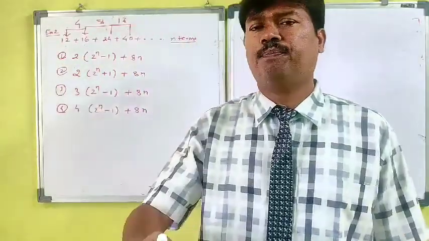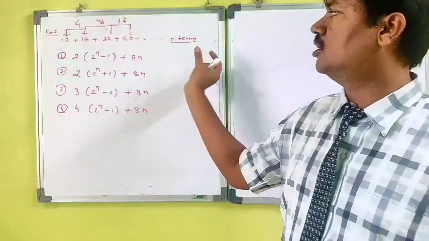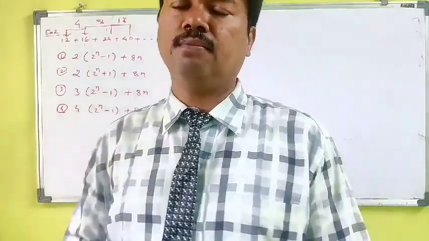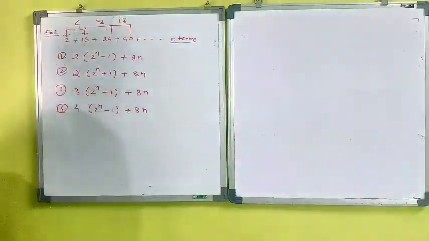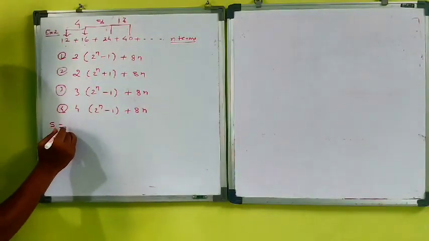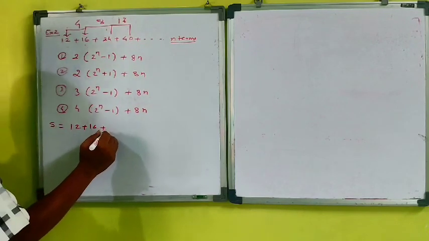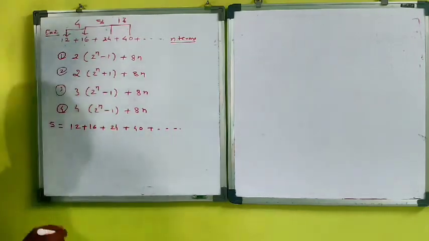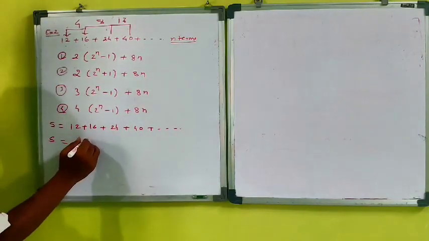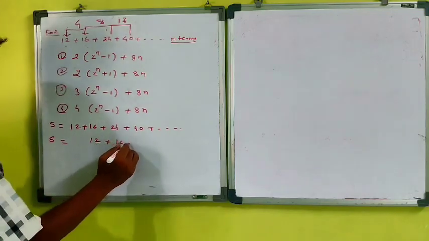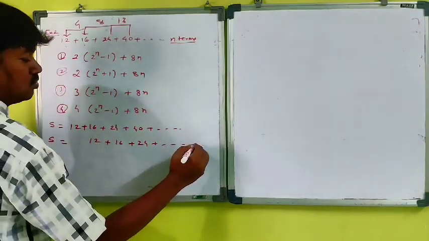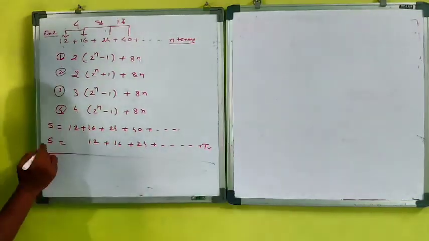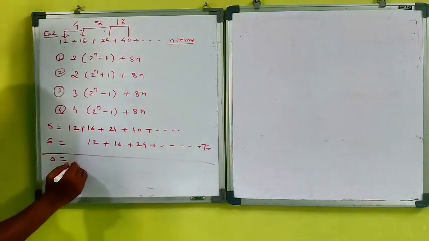So when this type of difference is there, which is in the form of AP or GP, we always subtract sum minus sum. We do the sum minus sum concept here. So S is equal to 12 plus 16 plus 24 plus 40, and then the S we write here as 12 plus 16 plus 24 plus, so the last term will be Tr. And then we subtract this, the S minus S will be 0, 12 will remain 12.